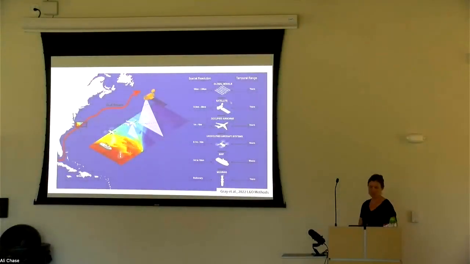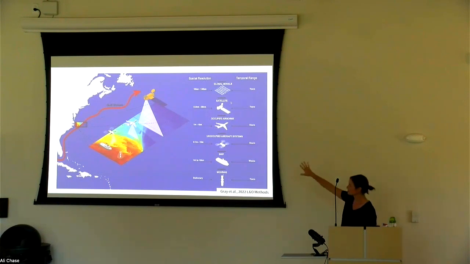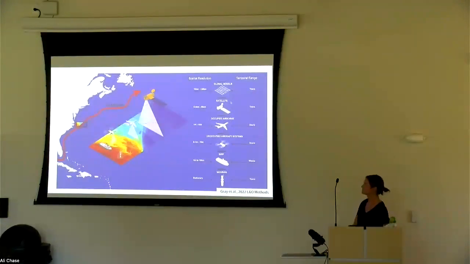And this is a nice figure from one of Patrick's papers showing different ways that we can make in situ measurements on different spatial and temporal scales. And then this kind of picture of what those different spatial resolutions look like. And it really comes into play strongly when we think about using satellite remote sensing data.